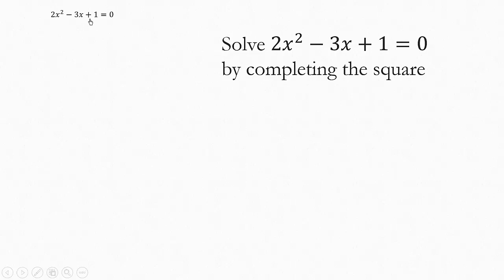The c here is positive 1, so it becomes negative 1. The next thing we have to do is that the a here must be equal to 1. Right now it's not equal to 1, the a is equal to 2. So we divide through by the a. Divide through by 2, and that will give us x squared minus 3 over 2x is equal to negative 1 over 2.